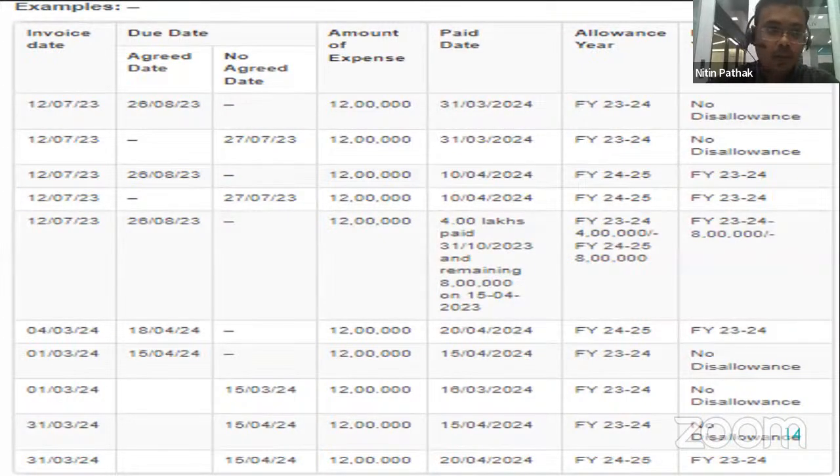Third example, suppose that the date of invoice is the 12th July and the agreement date is the 26th August, but payment is done on 10th April 2024.